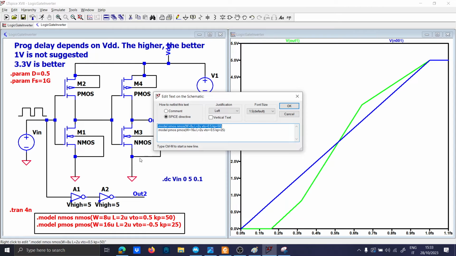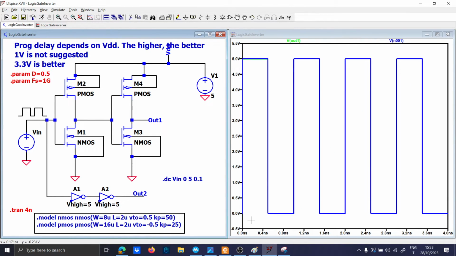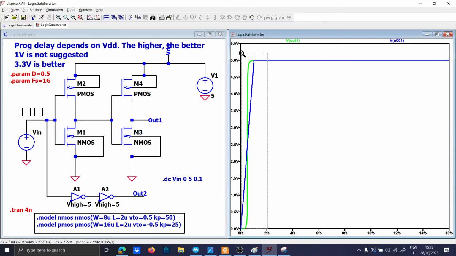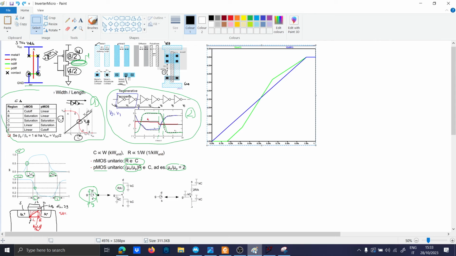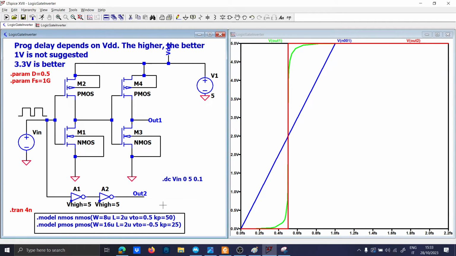And let's cancel this, comment all this, let's run again. Well, there is indeed a big difference. So before here, we had the output voltage, which is improving a bit, but not so much. But now there is a really big improvement in the ideal case. And it's very near to the actual inverter gate.